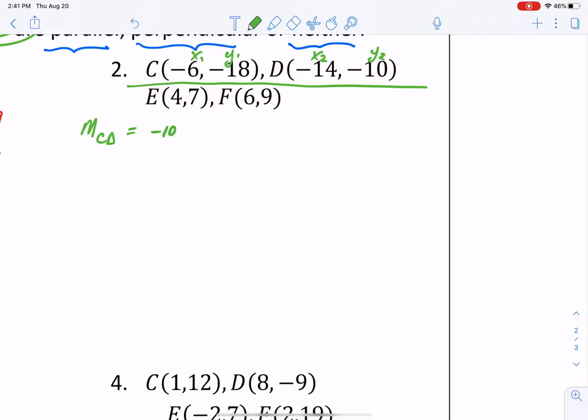So I have negative 10 minus a negative 18 over negative 14 minus a negative 6. Change the double negatives to positives. That becomes 8 over negative 8, which is negative 1.